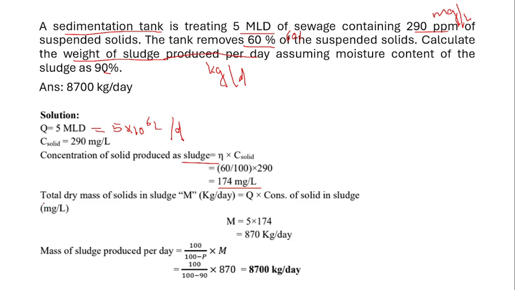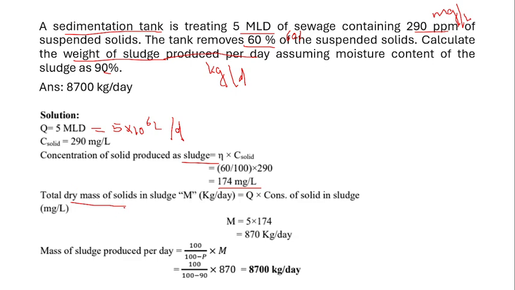Now the total dry mass of the solid is calculated. Total dry mass means, out of the 5 million liters per day, how much sludge is formed per day? We are treating 5 million liters of sewage wastewater in a day, and for every liter of wastewater, 174 mg out of 290 mg is produced as sludge matter.